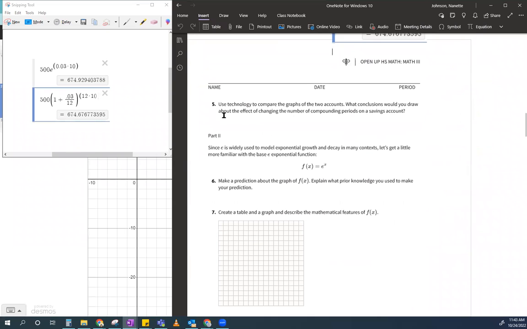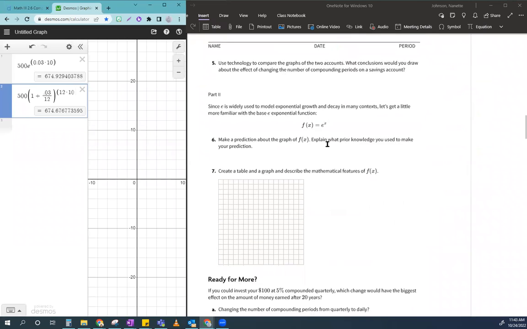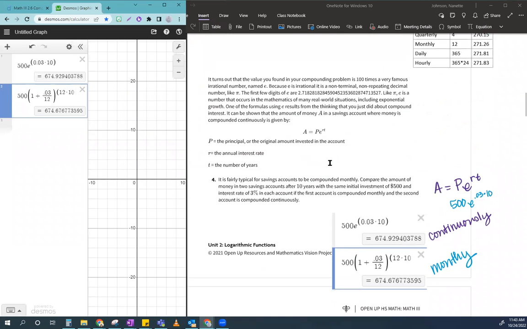Okay, so here, then they want you to use technology to graph the two accounts, and what conclusions could you draw. Use technology to compare the graphs of those two accounts. So I'm going to do that, and I'm going to make T my variable.